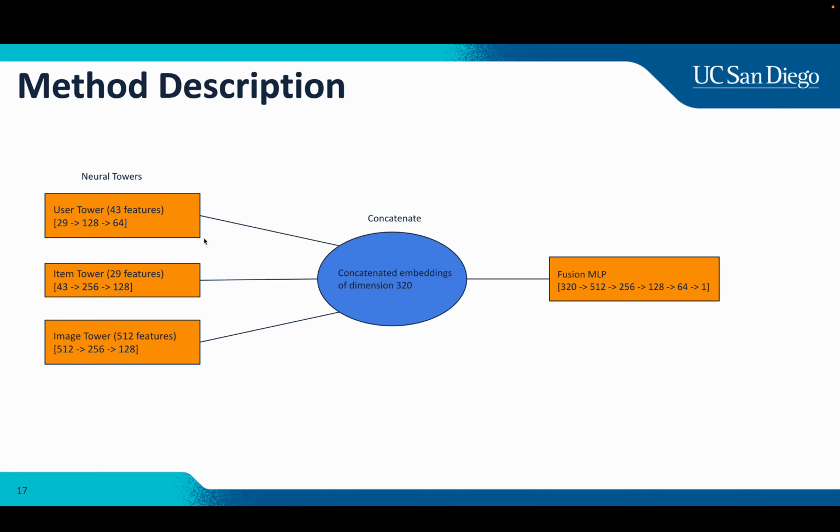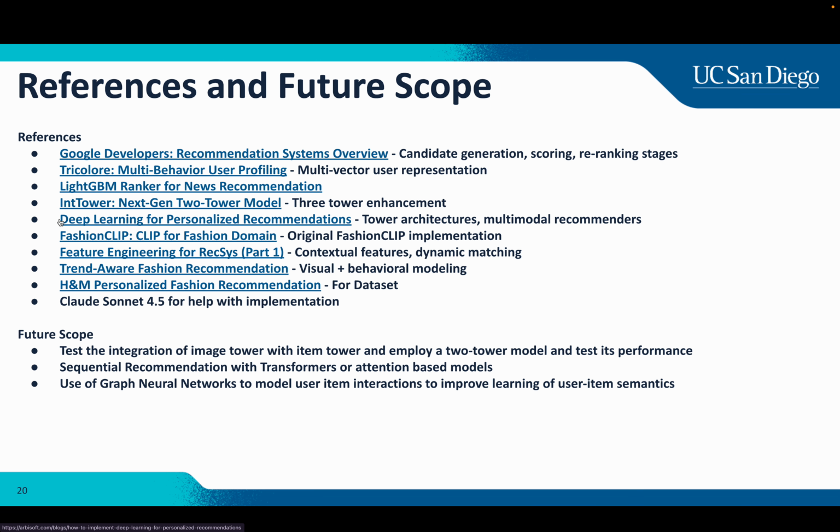This is a small visual representation of what happened. So this is the user tower. This was trained on 43 features, and it was trained on a two-layer MLP which gives out a 64 dimensional embedding. Oh, sorry, there's a small mismatch in this.